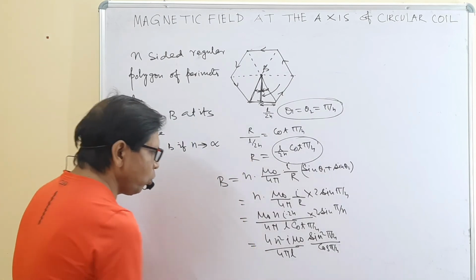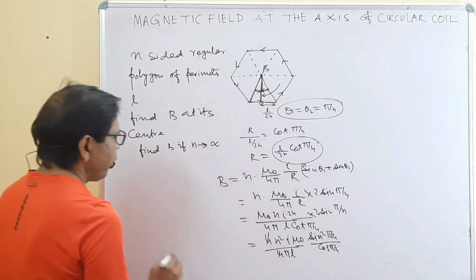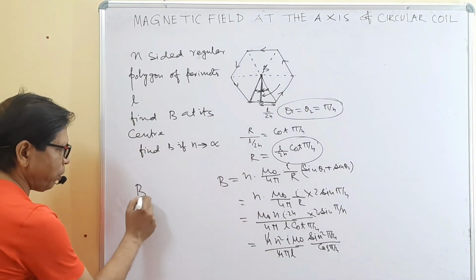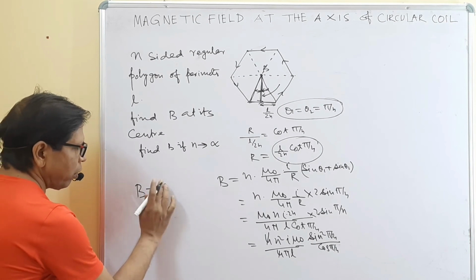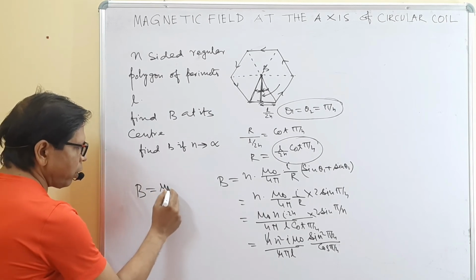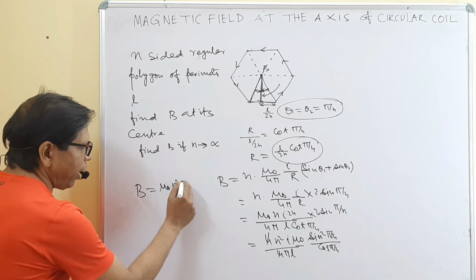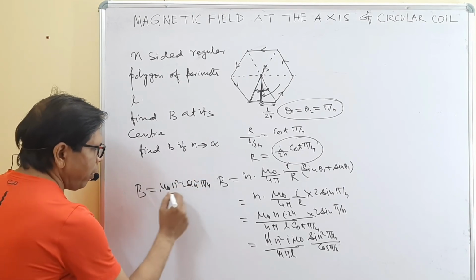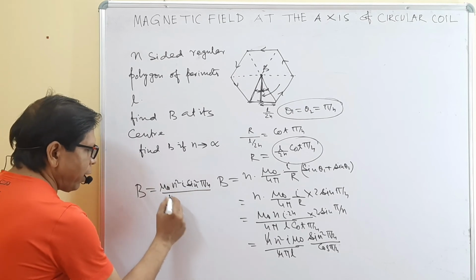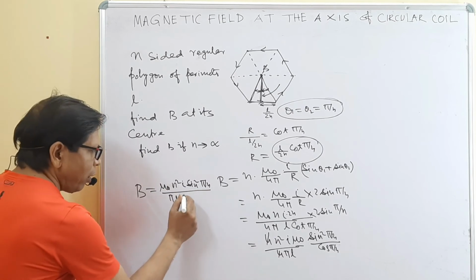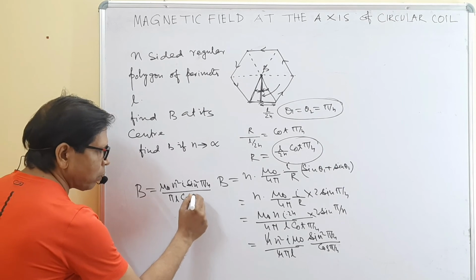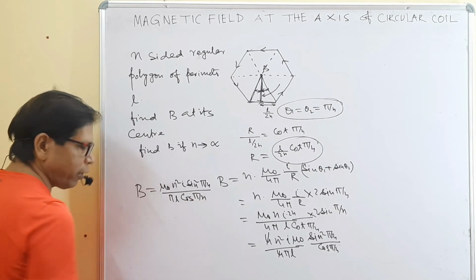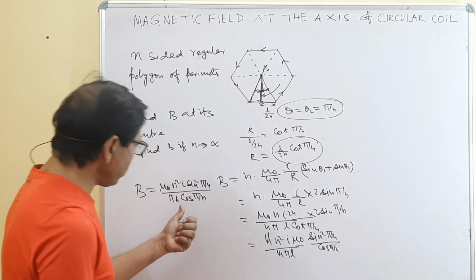Something cancels out, therefore the magnetic field B becomes mu naught n square I sine square pi by n divided by pi L cos pi by n.